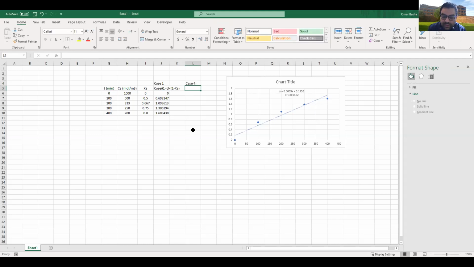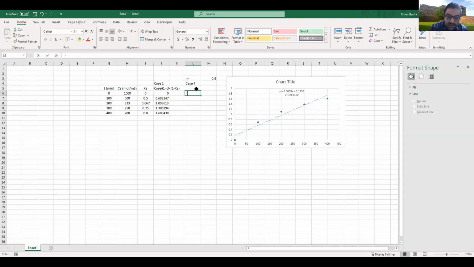If you recall, for that case, the equation we had was Ca to the 1 minus n minus Ca naught to the 1 minus n is equal to n minus 1 kt. And we just need to basically verify the numbers in this case. So let's see if we can get something here. So I'm going to test for case 4. First of all, I'm just going to set an n equal to any arbitrary number, let's say 0.8.